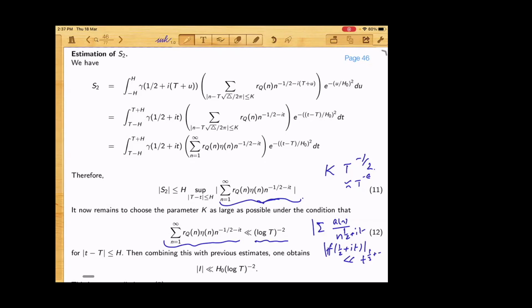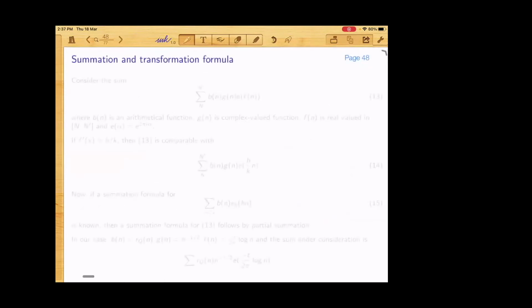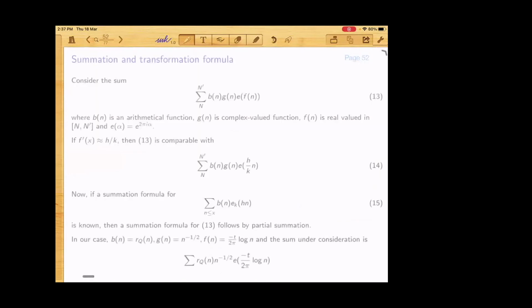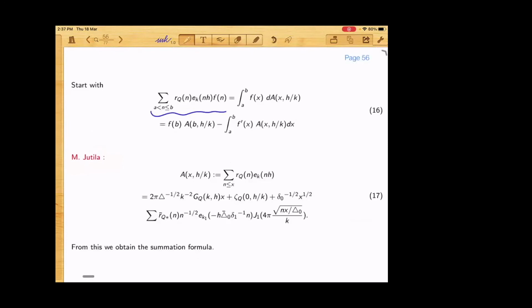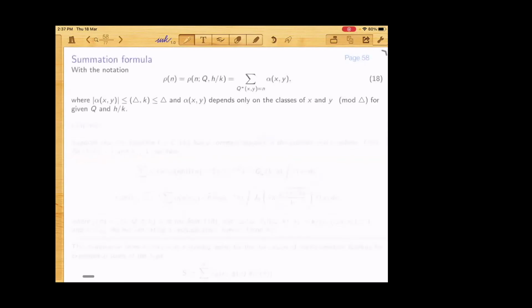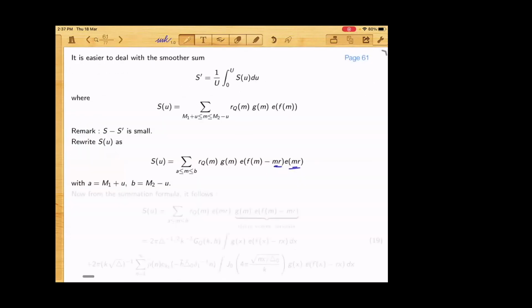The cusp form L functions are entire functions, but here we have a pole at s equal to 1, and therefore it required judiciously choosing the parameters and seeing that everything works, and also the summation formula and transformation formula were developed in this paper. So we get a saving, and therefore we could show that we can cross t to the power half plus epsilon to half minus epsilon.